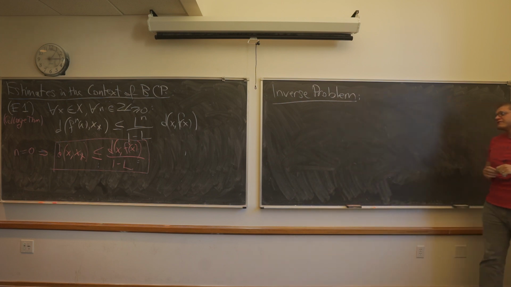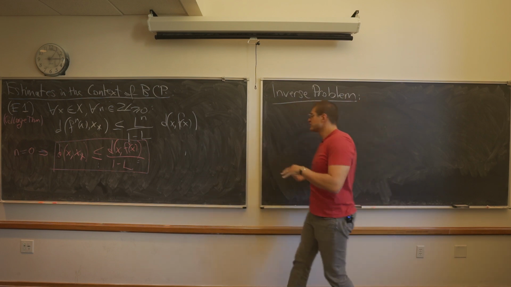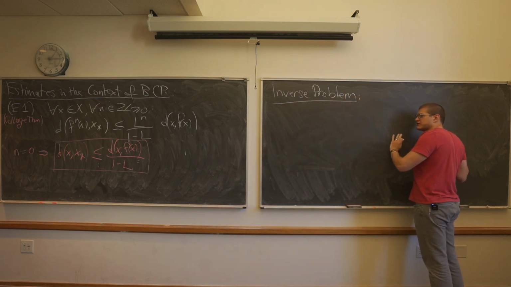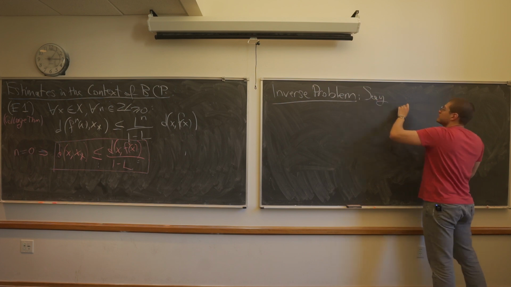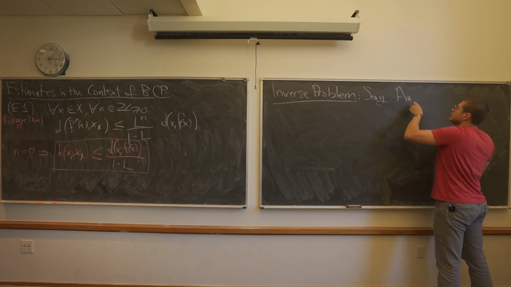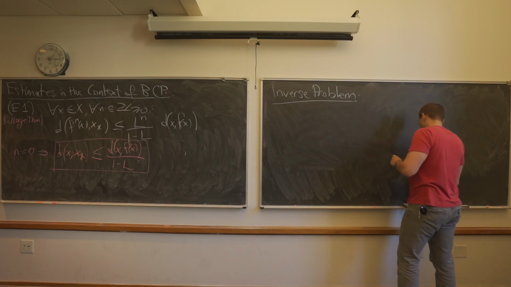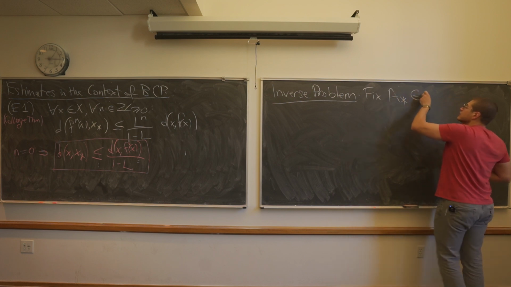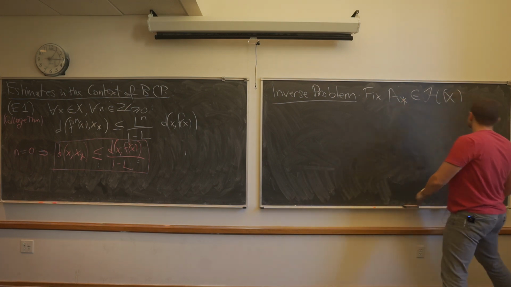So let's say that you have a complete metric space. It's typically R2, R3, and stuff like that. These are reasonable spaces, but it applies in more generality. So fix A star. I want a B-IFS that generates this.